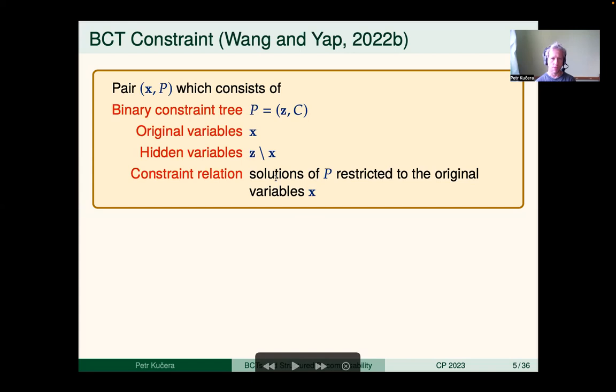But in addition to these, we also use some hidden variables that are in Z minus X. If we use it to represent a constraint, which is then called a BCT constraint, then the constraint relation is given by the solutions to the binary CSP P that are restricted to the original variables X. So we sort of use the hidden variables only for representation purposes. They are existentially quantified. This is very common, say, when we are encoding problems into satisfiability, that we use existentially quantified auxiliary variables.